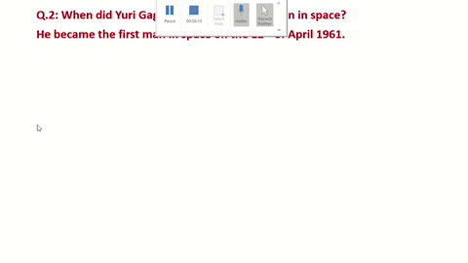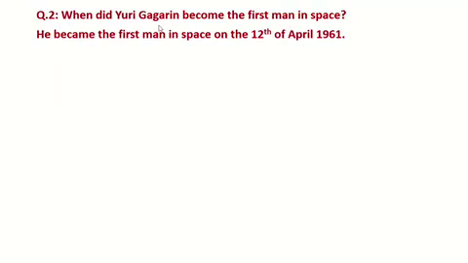Now, this is the question. When did Yuri Gagarin become the first man in space? The date, if you look at exercise number 2, it's 12 April 1961. So, he became the first man in space on the 12th of April 1961.